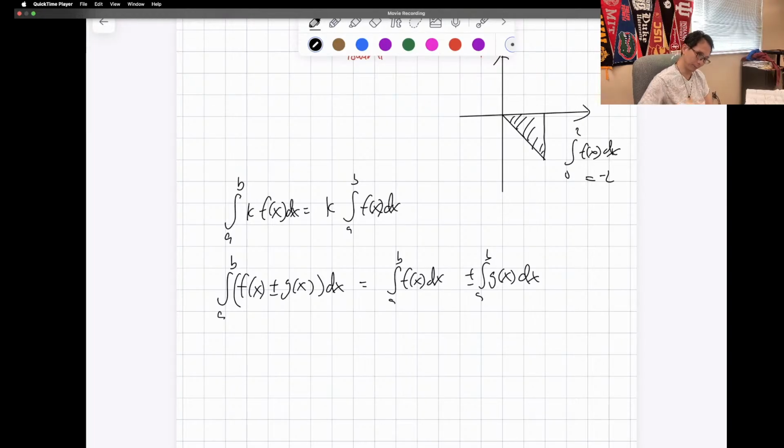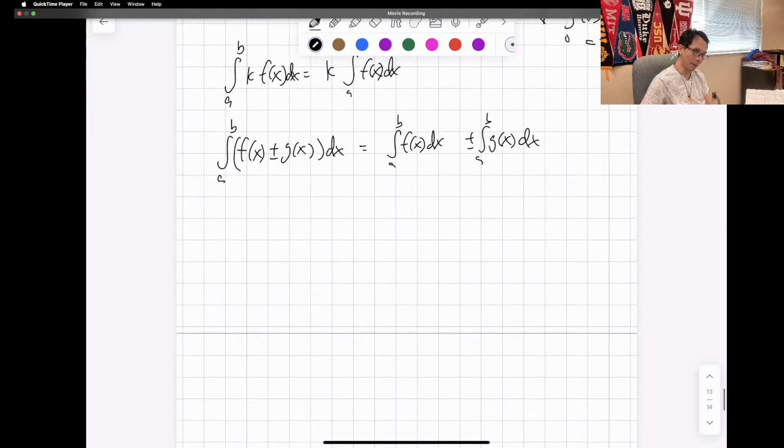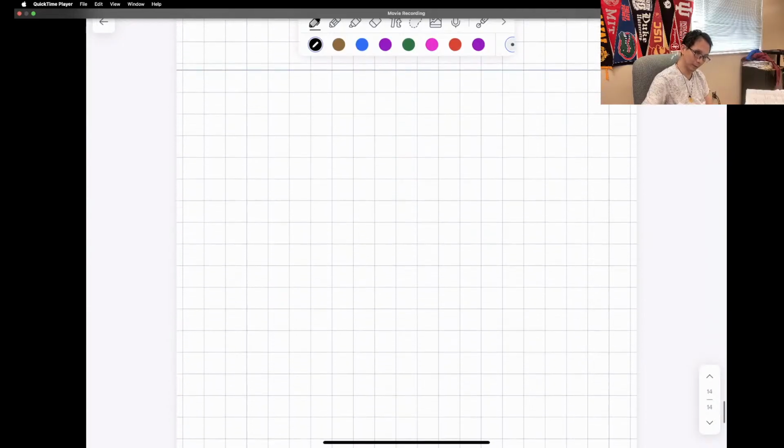Okay, so now I'm going to talk about a function. Let's say this is a, this is b, and this is c here.